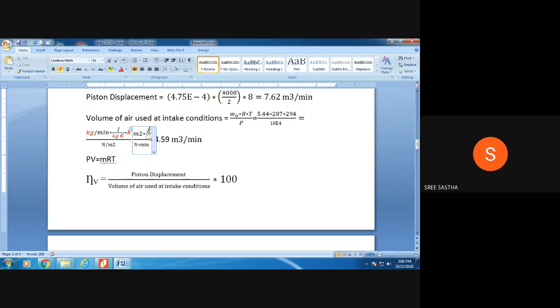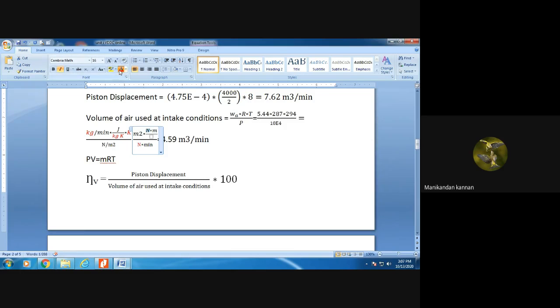What is joule? Work done. Work done is nothing but force into distance. Force is Newton, so instead of joule I'm putting Newton meter. Newton cancels. Meter cube divided by minute. Are you able to understand?